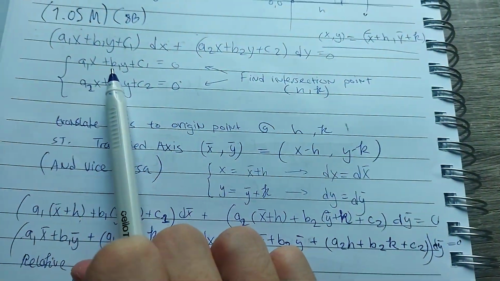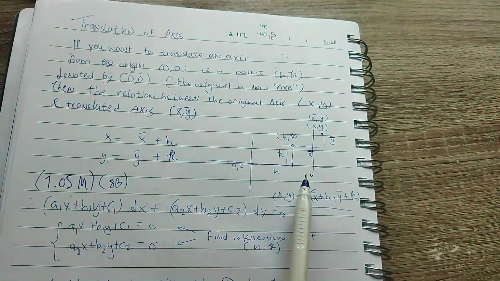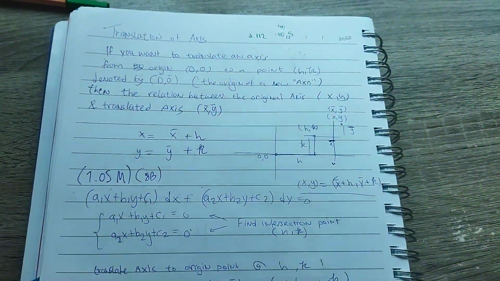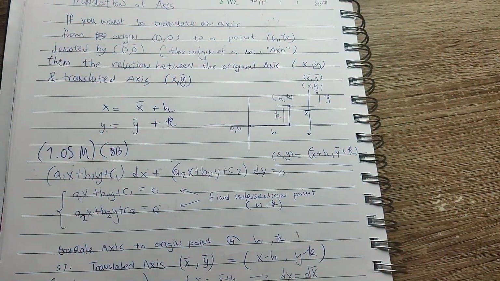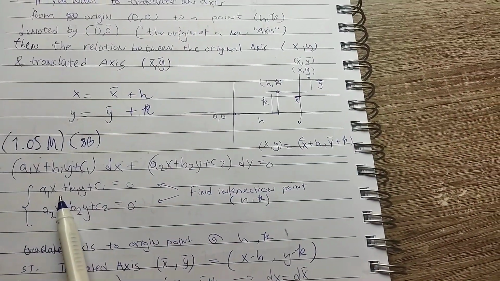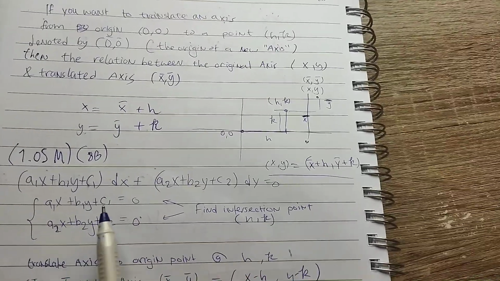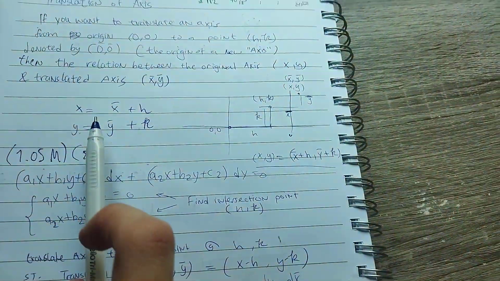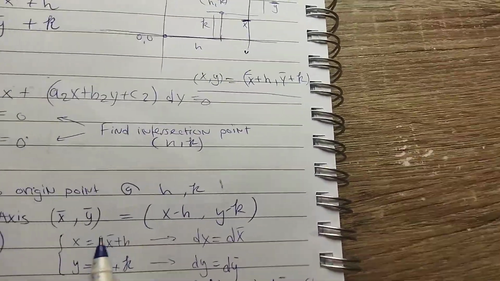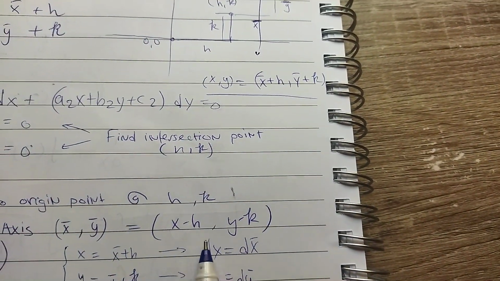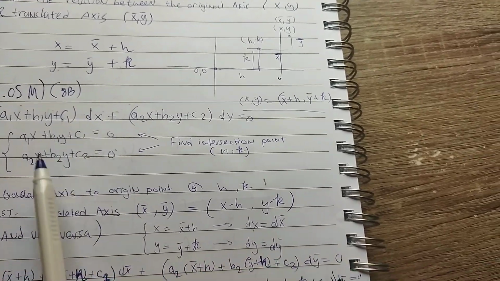Now this one was relative to the normal untranslated original axis, but if you take this function and translate it to the h and k, because we know that this solution gives you that x equals h and y equals k, so using the relation that we have over here, in this case this will be x minus h and y minus k, we find out that these two values are equal to what?